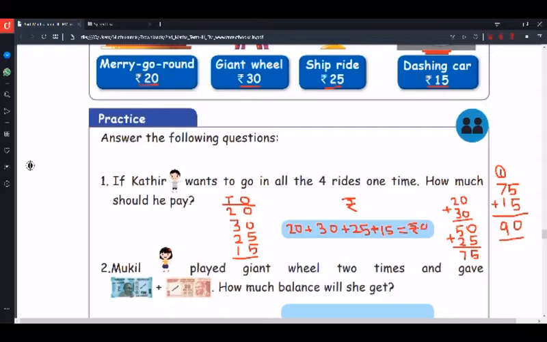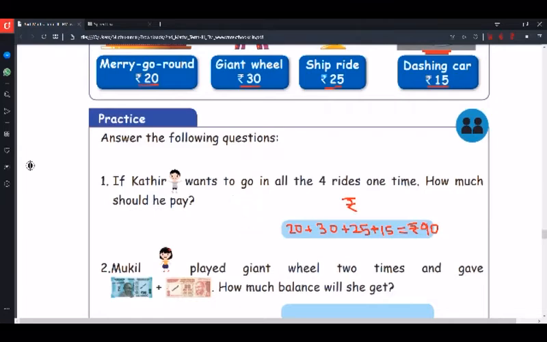Kadir has to pay 90 rupees to go in all the 4 rides one time. Put it properly, children. Okay, children. Understood now?